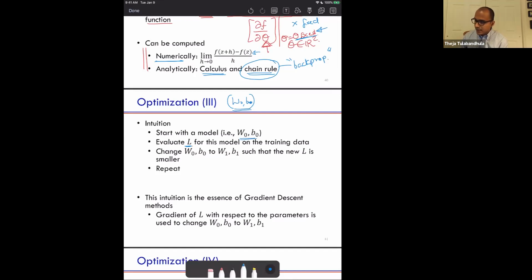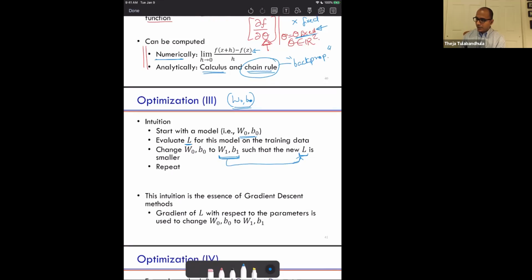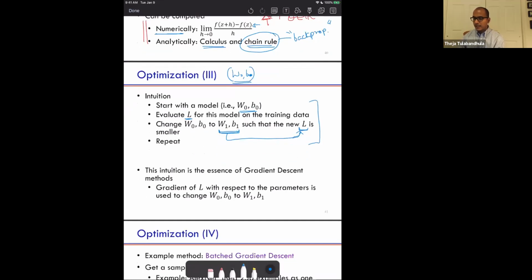Then, using the gradient, and I'll show you how to use it, we can go to a new parameter choice, W1, B1, in the hope that the new parameters' corresponding loss value is smaller. You keep repeating this in a for loop, and that is essentially a gradient descent optimization strategy.